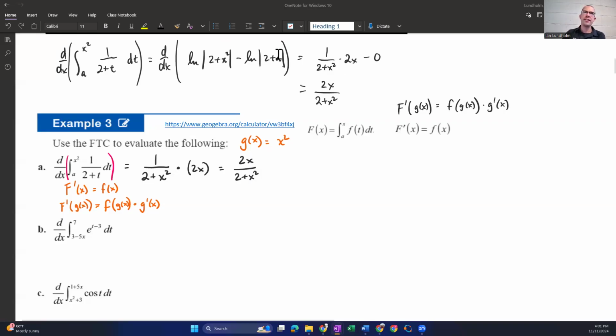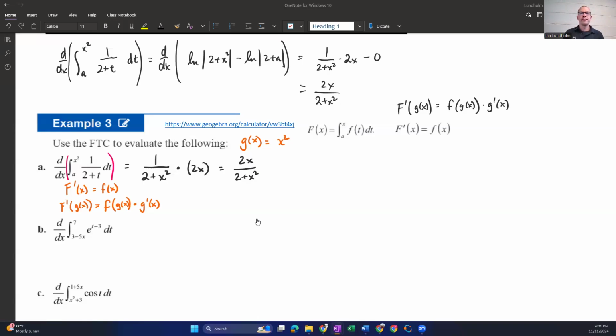But yeah, this is utilizing the fundamental theorem of calculus part 2, which is practically how we're going to evaluate integrals. But here we're using the fundamental theorem of calculus part 1, taking the derivative of an area function. So we're really just trying to get more used to this notation.